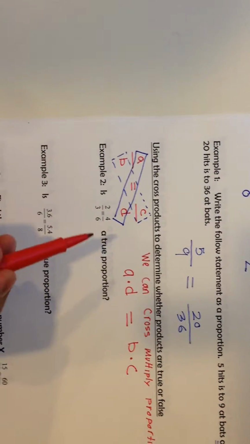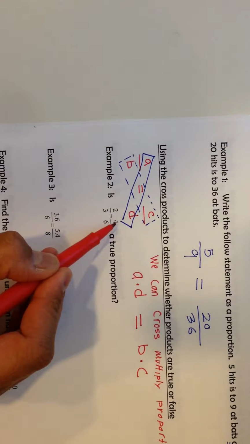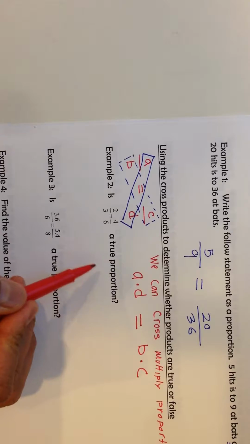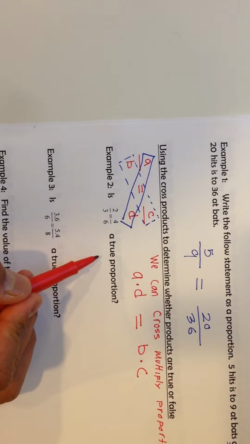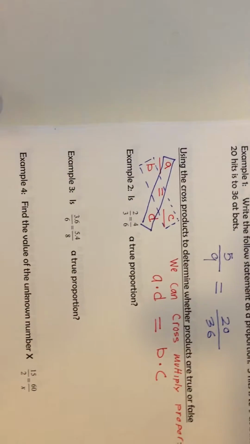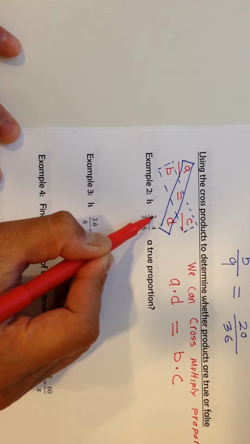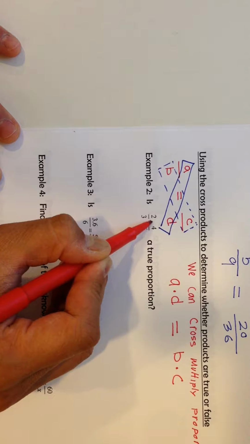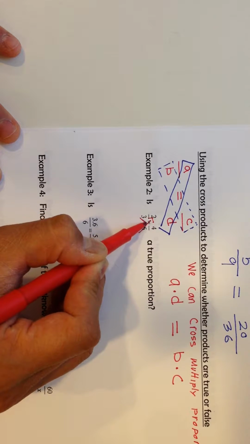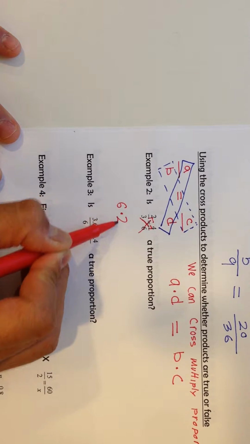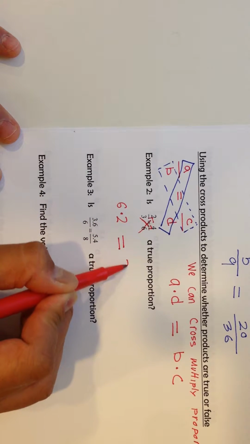Alright, so given 2/3 equals 4/6, is this a true proportion? What we do to determine whether or not it's a true proportion is we're going to go ahead and cross multiply. So 6 times 2, and then we'll take 3 times 4. So 6 times 2, does that equal 3 times 4?